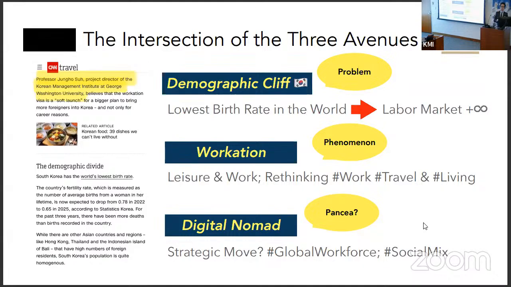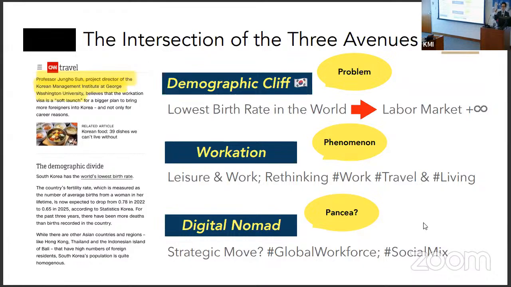These are trending words, topics for many in the younger generation. Okay, Gen Zs and millennials, even Gen Alphas, right? In the near future, work, travel, living. How can we keep the balance? Okay, how can we predict all these three aspects of our lives, right? Living, work, and travel. And number three, digital nomad.